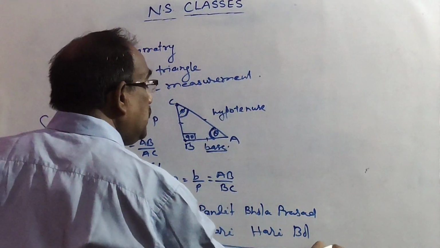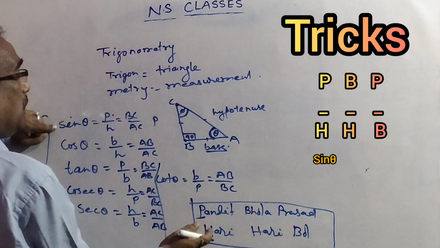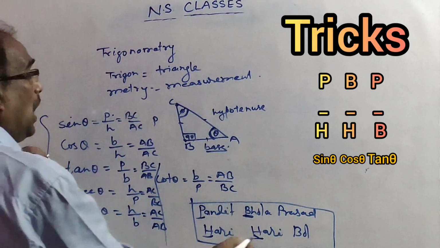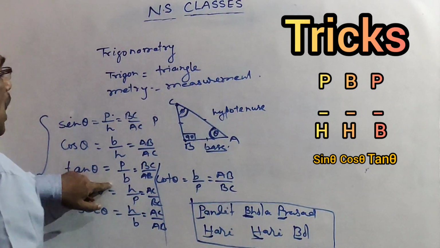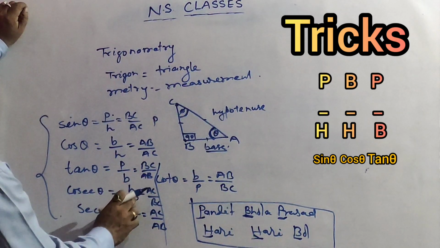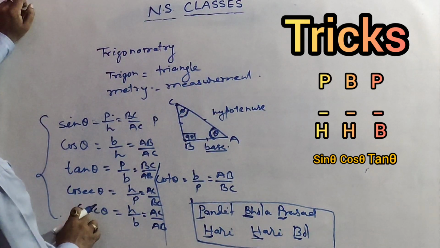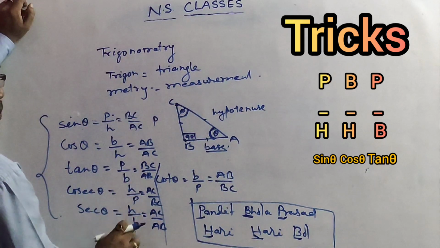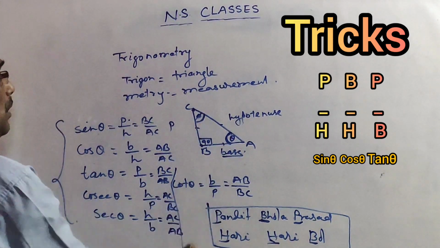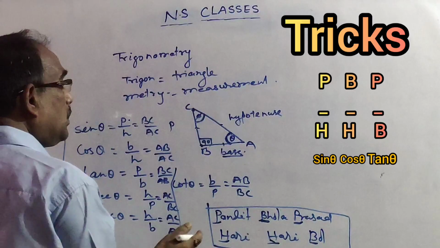What does it mean? This is a trick for sin theta, P by H; for cos theta, B by H; and tan theta, P by B. Just the reciprocal of all these three will be cosec theta, sec theta and cot theta. Cosec theta is H by P, sec theta is the reciprocal of cos theta, H by B, and cot theta is the reciprocal of tan theta, that is B by P. So now it is clear, and I think you could have understood it well.